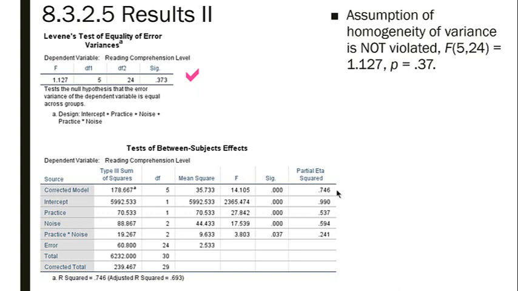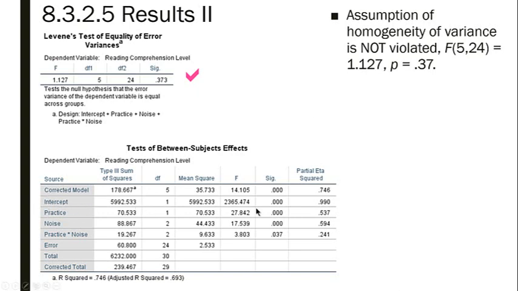What that first row of that particular table tells us is that the cell means are better predictors of the individual scores than the grand mean. So all that says is that all scores are not equal. So no big surprise. And it doesn't actually help us answer our research questions about the separate and combined effects of practice and background noise on reading comprehension.